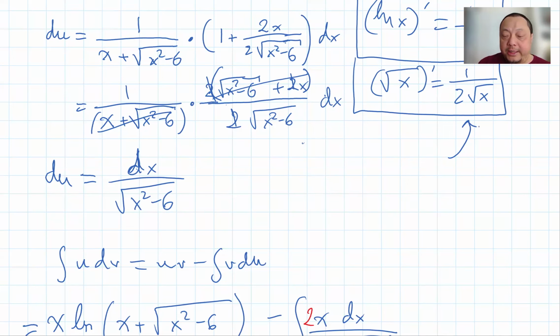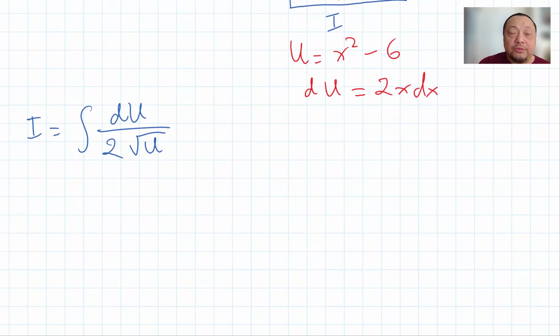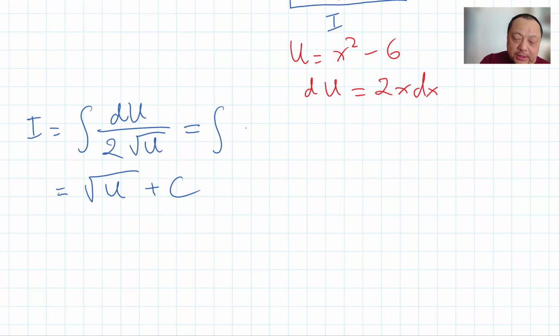And 1 over 2 square root x is the derivative of square root x, so I know the antiderivative of this right here is just square root of u. But I can also do it step by step by rewriting this as integral of 1/2 capital U to the negative 1/2. Applying the power rule, the antiderivative of u to the negative 1/2 is u to the negative 1/2 plus 1. Negative 1/2 plus 1 is positive 1/2.